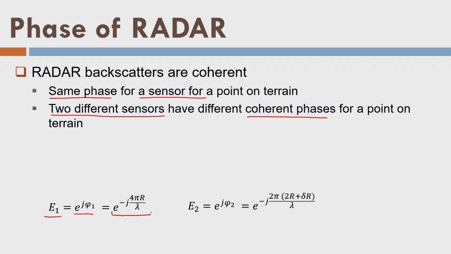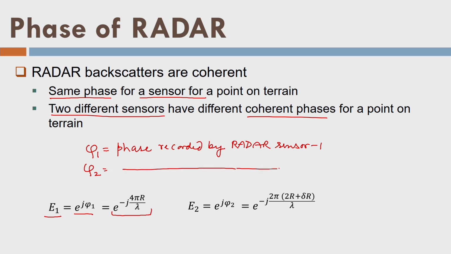Here we are representing psi 1, which is the coherent phase recorded by sensor 1, and psi 2, the phase recorded by radar sensor 2. Both radar sensors have the same properties.